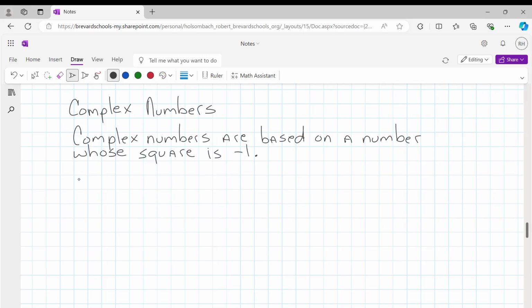And we're going to say that the imaginary unit i, this lowercase cursive i, is the complex number whose square is -1.